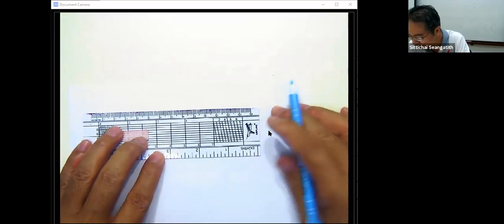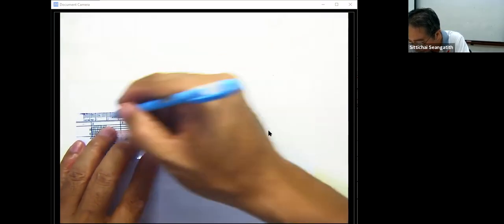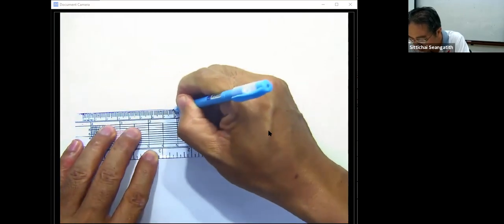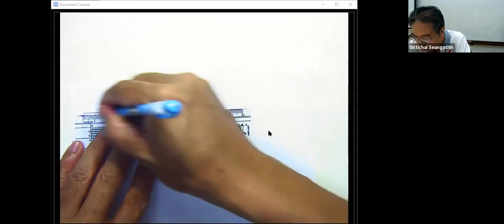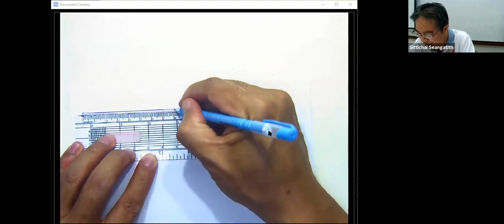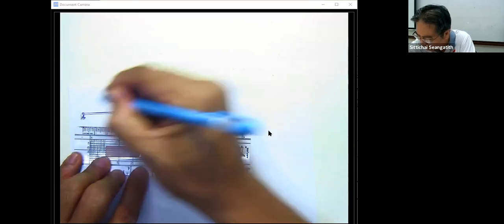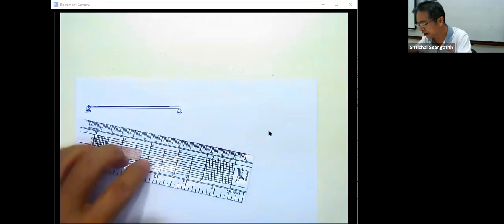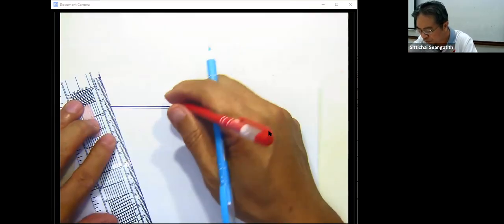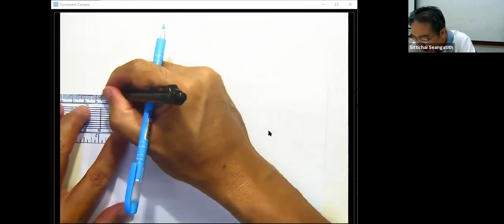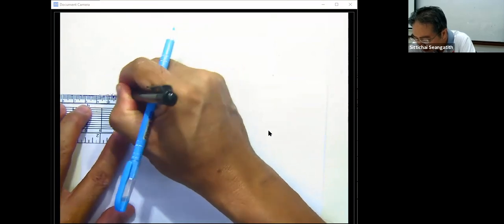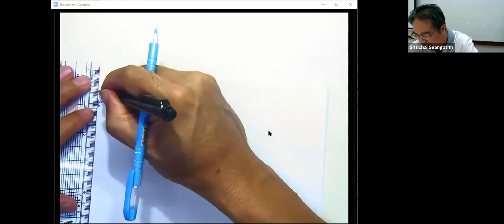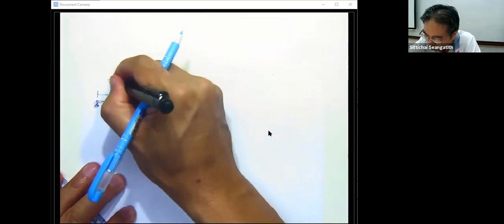This is a very simple beam that we had before: this is a pin, this is a roller. When we would like to draw the influence line of this one, we put the load of 1.0 unit here, and then we set the reference x coordinate from the left.